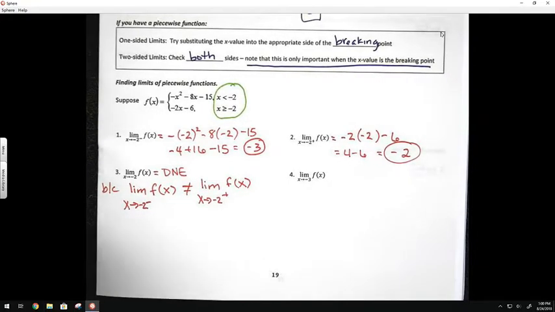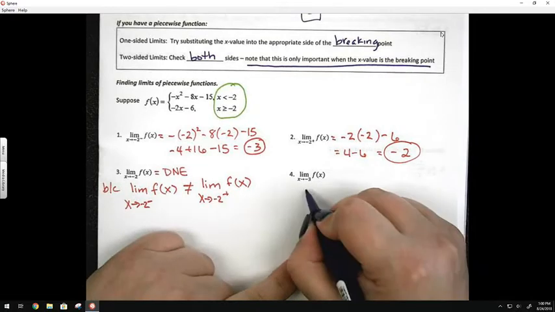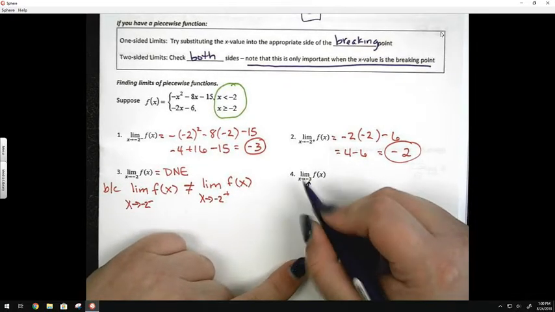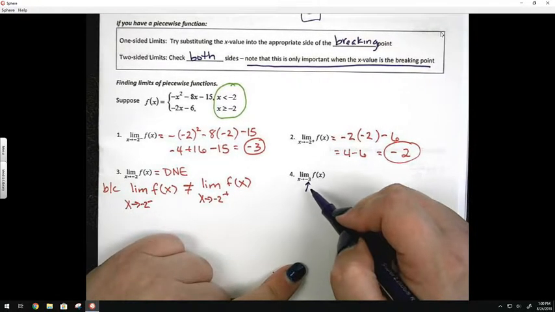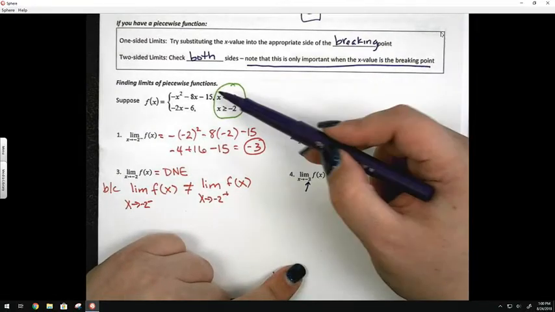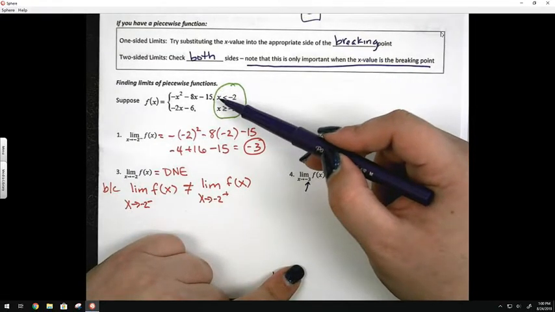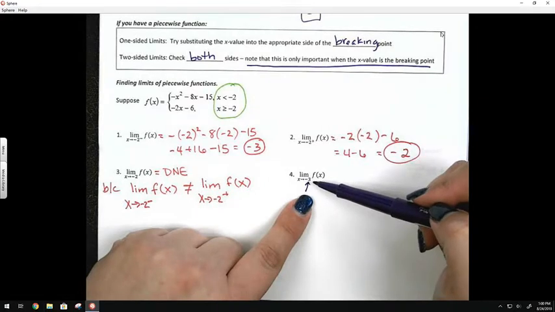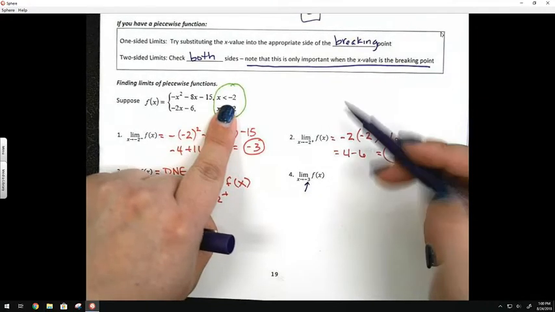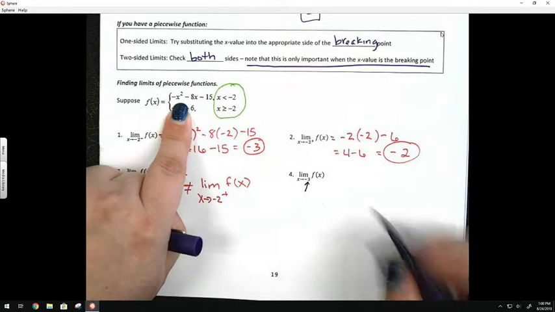Then when we look at this next one, we're looking for the limit as x approaches negative 3. That's not my breaking point, which means really I just need to figure out which piece I need to plug it into. So x is negative 3, which is less than negative 2, so I'm going to plug it into my parabola.